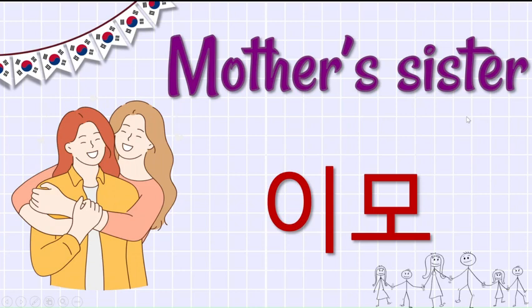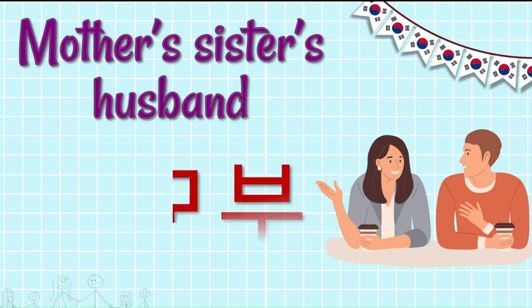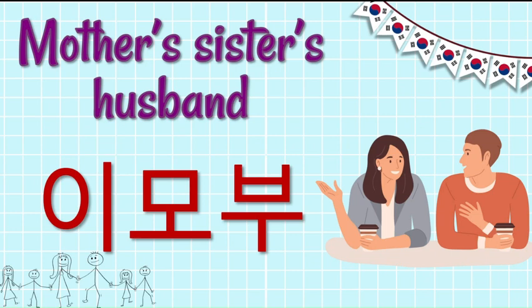Next comes the Korean word for mother's sister's husband, and you can make a guess, it is 이모부. 이모부. You have to do the same thing: attach 부 to the word 이모, just like we did with the name of father's sister's husband.